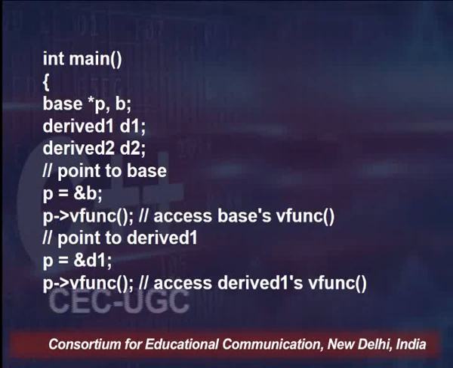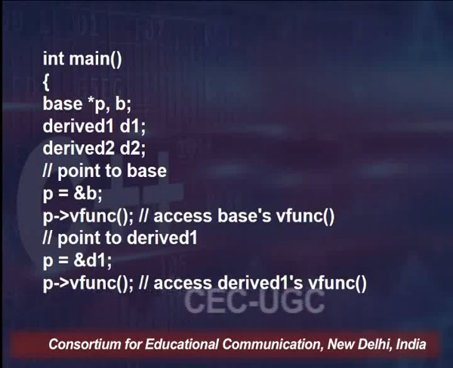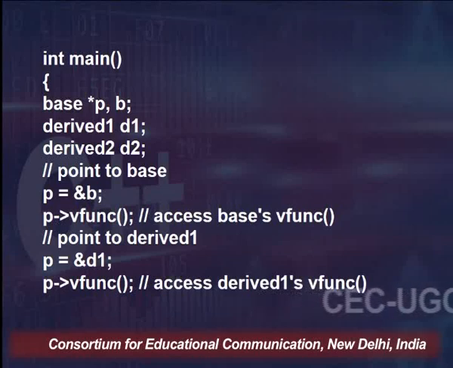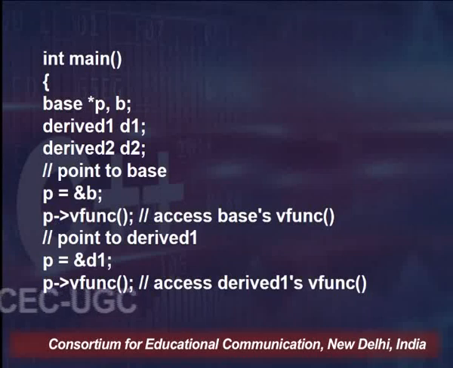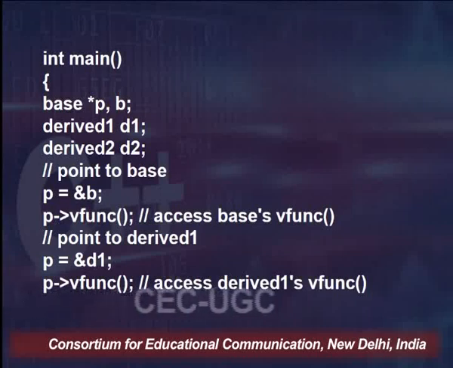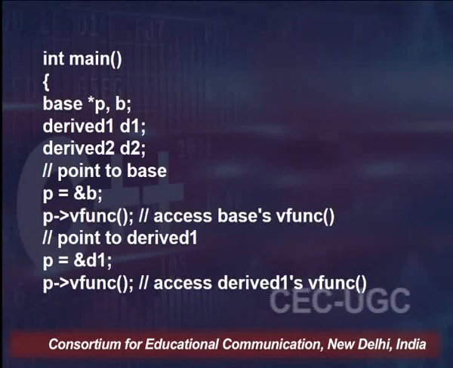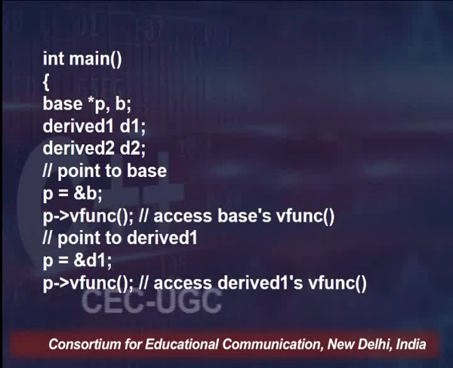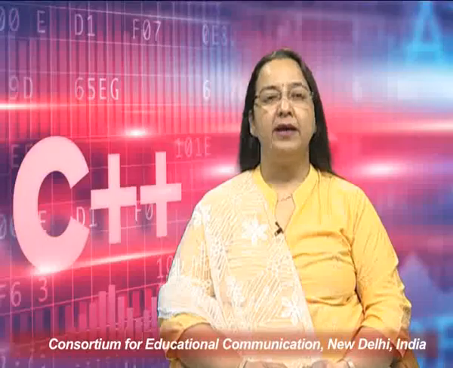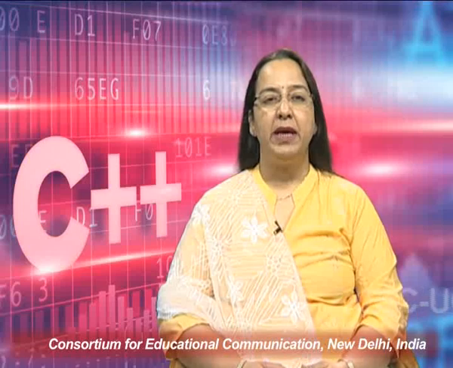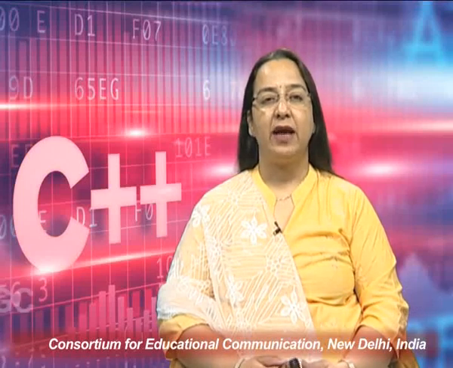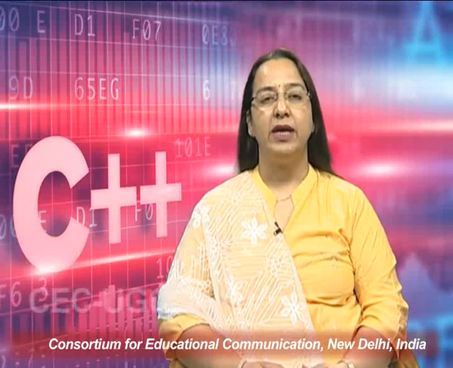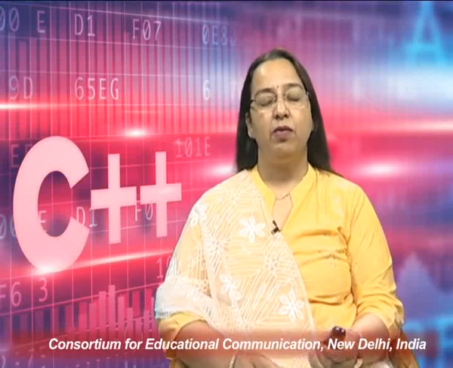Now, what is happening? p is the pointer to the base class, and therefore it can contain the address of the base object. So, p = &b. That means here p is pointing towards the object of the base class, and then we are saying p is also accessing that vfunc using the arrow operator. So, now what is happening here?